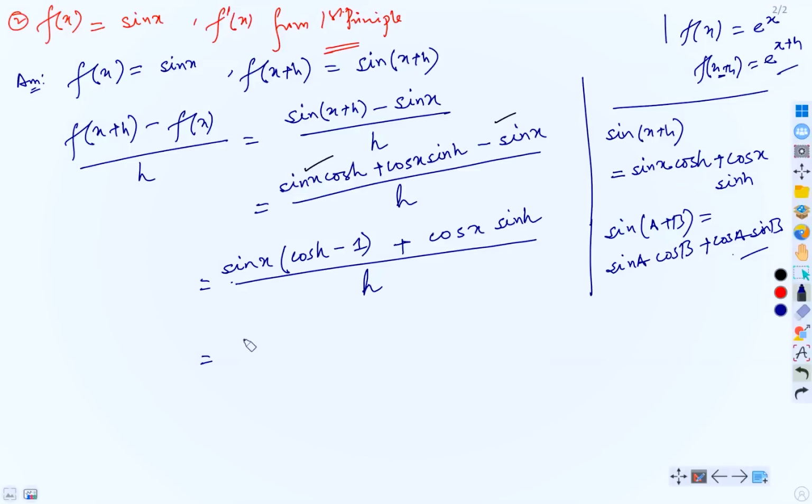This gives us sine x times cosine h minus 1 upon h plus cosine x sine h upon h, right? Now we will take the limit to both left hand side and right hand side, and this is our f dash x, okay?